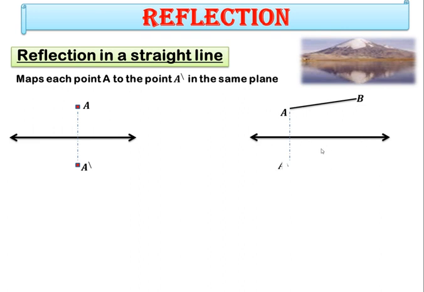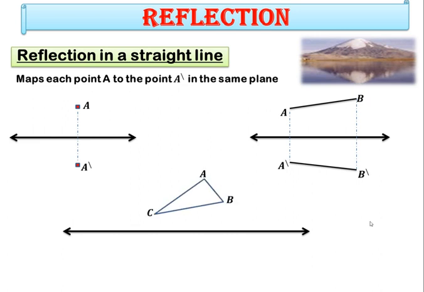We get A dash. Then get the image of B by the same distance from the point to the reflection axis line. We get B dash. Then we get a line segment. This line segment is the image of AB.